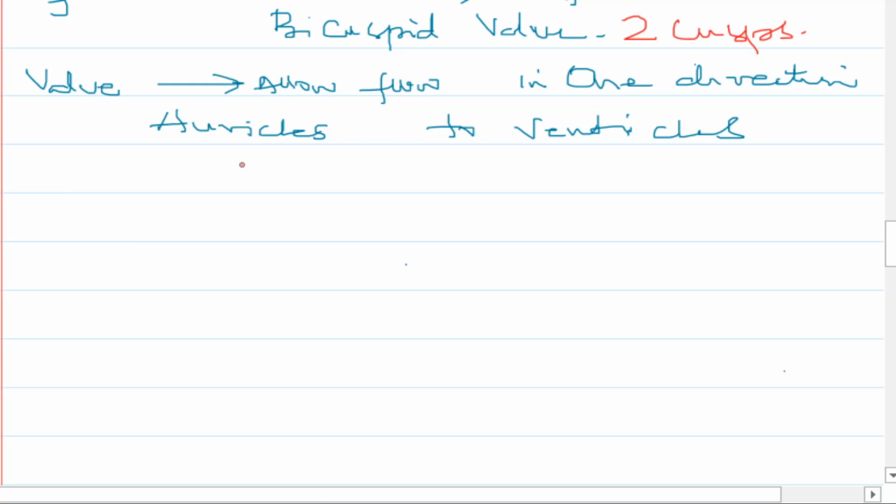So the ventricles have ridges. These are called columnae carneae.